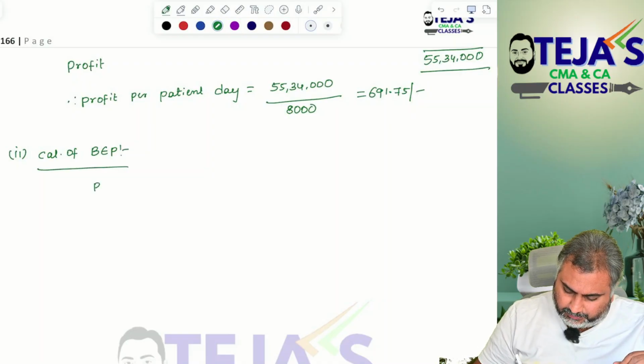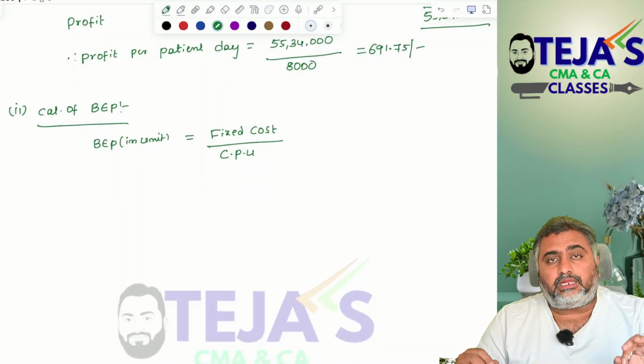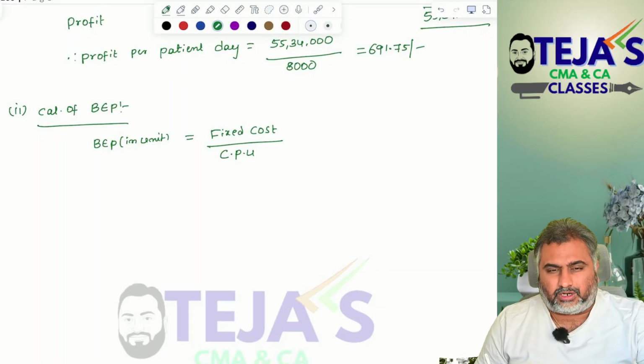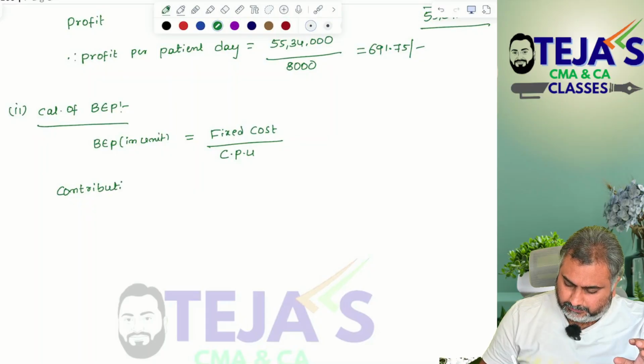What is the formula for break even point in units? Equal to fixed cost divided by contribution per unit. Not cost per unit, contribution per unit. So we don't know the contribution per patient day. So now calculating contribution per patient day.